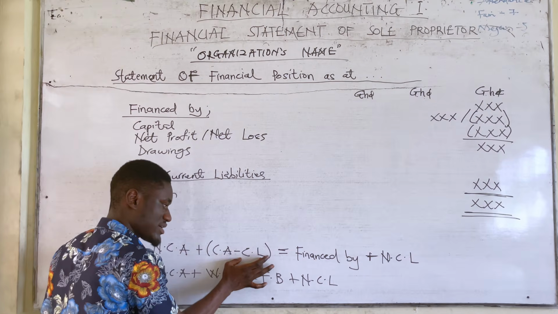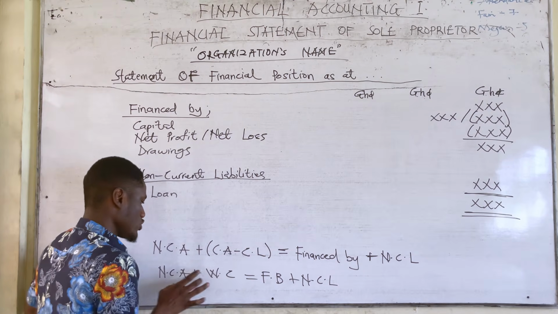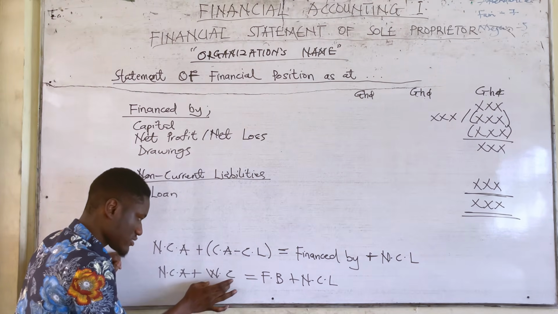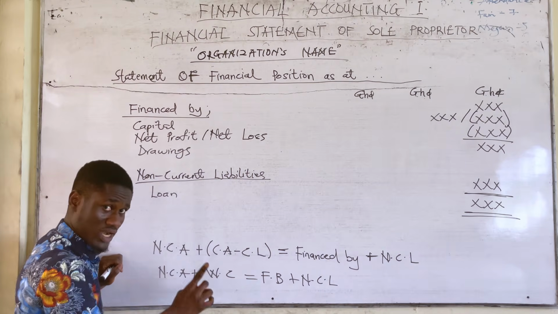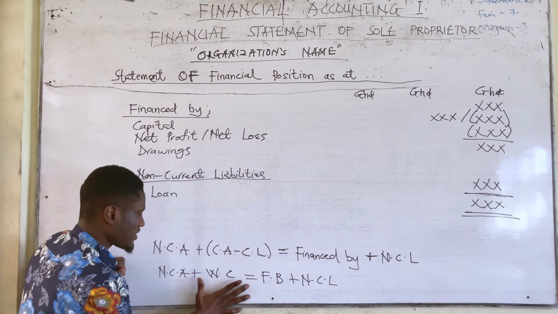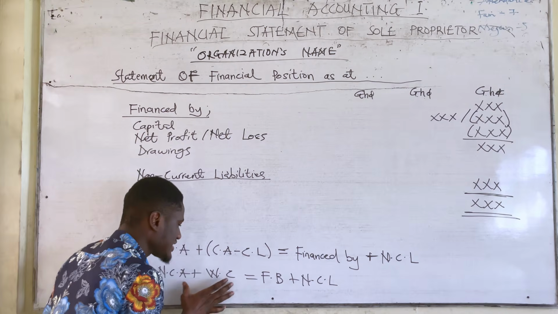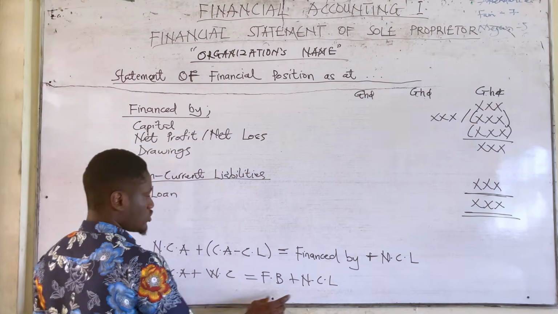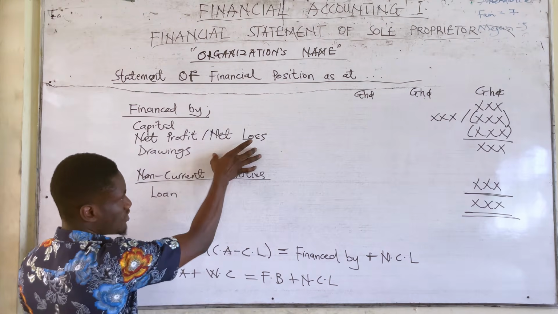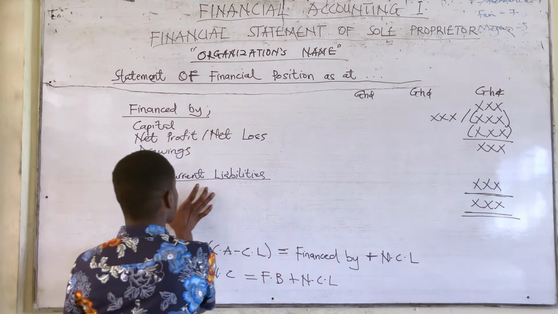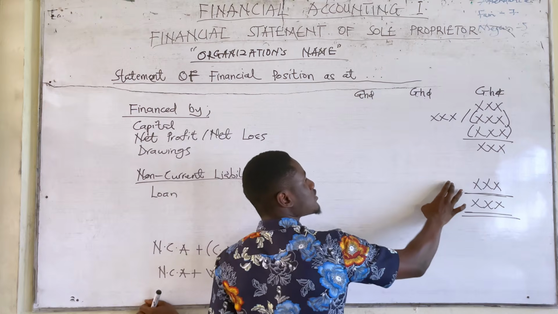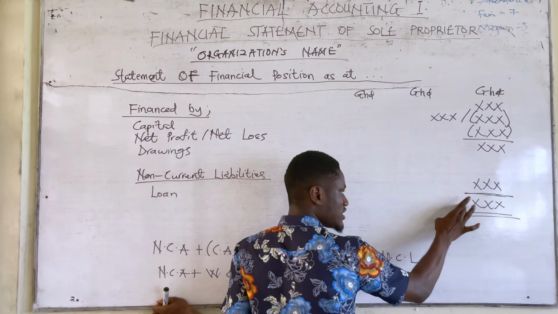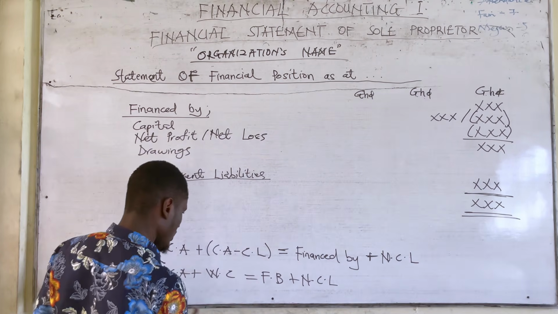Current assets minus current liabilities, we have working capital. So this working capital was added to the non-current assets. So after adding this, you have to get the same amount you had for this one too. You see this finance part, we added, it was here. We looked for non-current assets, it was here. So when we add, this amount has to be equal to what we get for this.